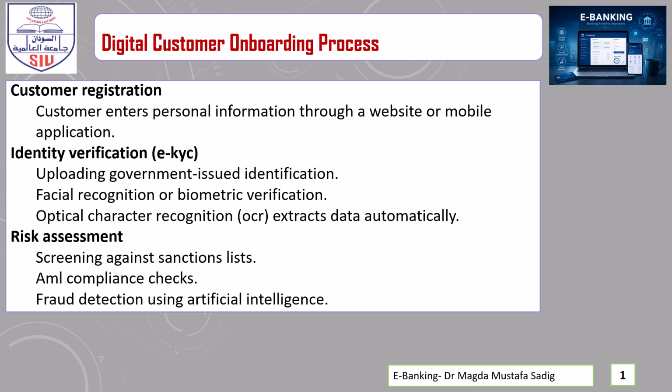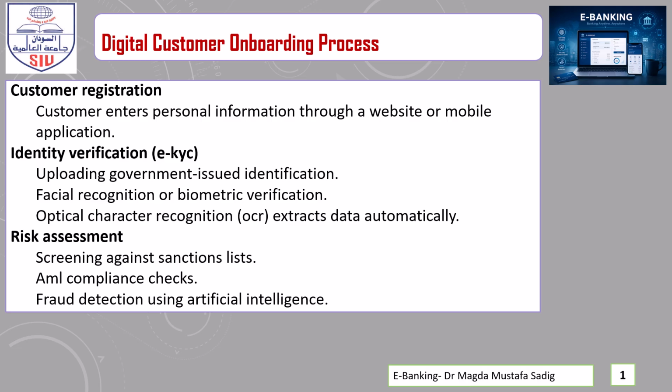KYC, electronic know your customer, utilizes optical character recognition, OCR, to automatically scrape text data like full name, date of birth, and ID number directly off photo uploads of passports or national IDs. Facial recognition algorithms then match the selfie with the ID image.